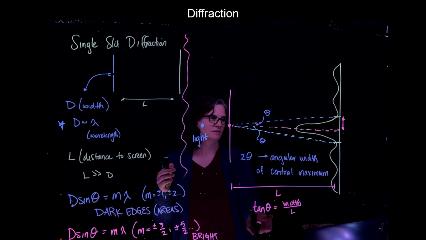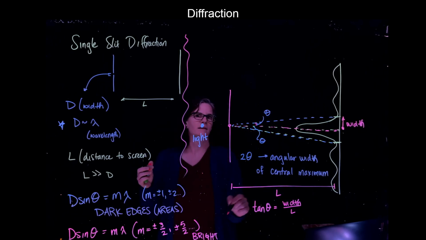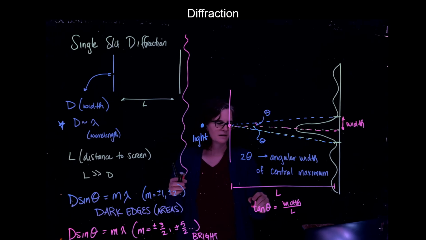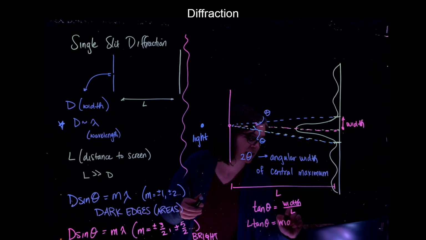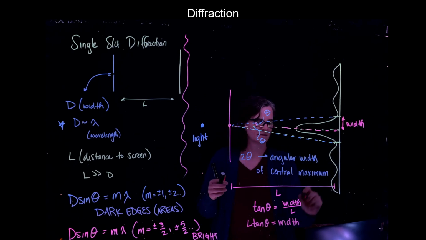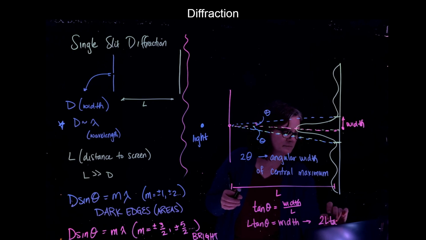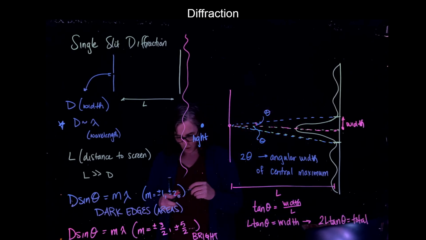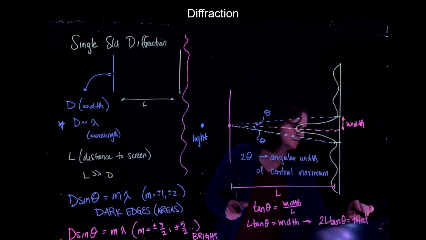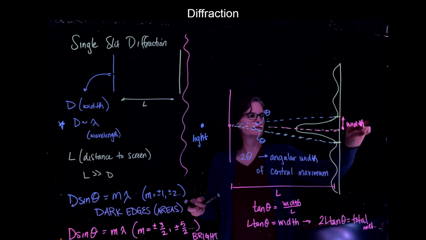So the tangent of the angle is the width of my central maximum divided by the length. So L tangent theta is equal to my width. And if I multiply that by 2, I get my total width in meters, which is twice this height there.